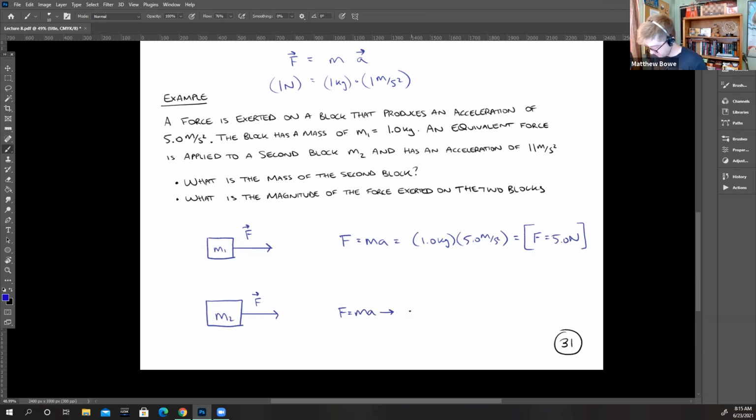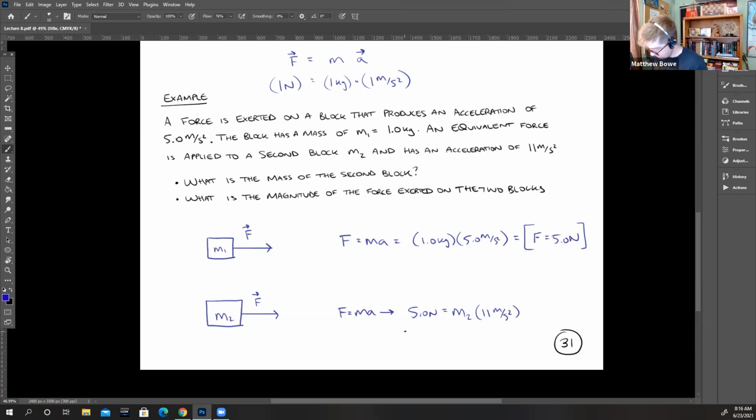This turns into 5.0 newtons is equal to an unknown mass, we're going to call mass 2, multiplied by this acceleration. We can at least measure how fast this block accelerates, which turned out to be 11 meters per second squared.